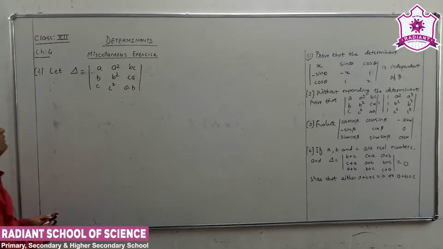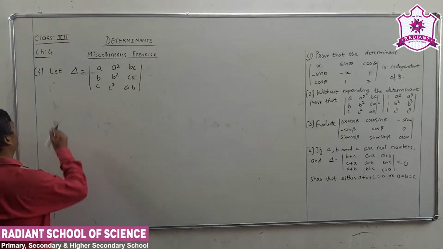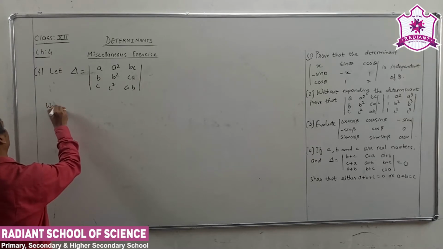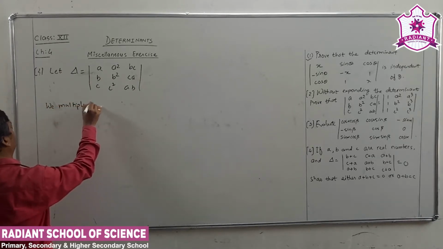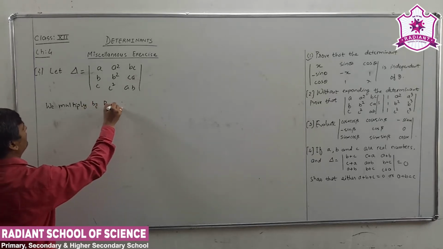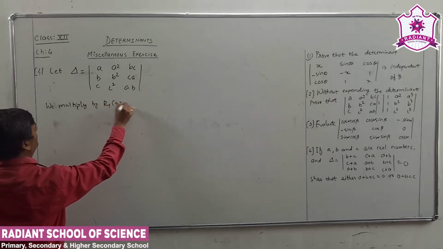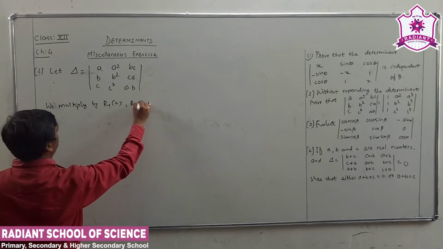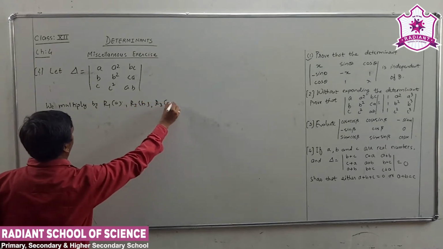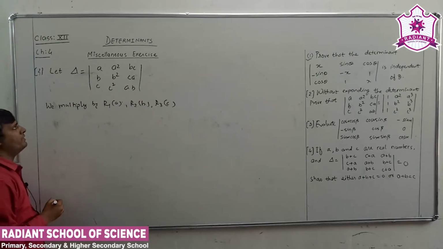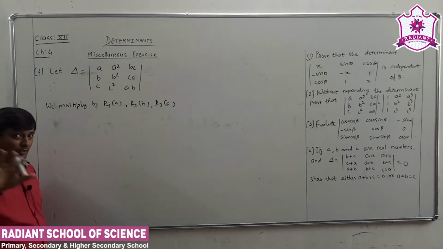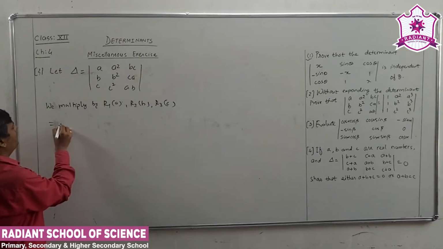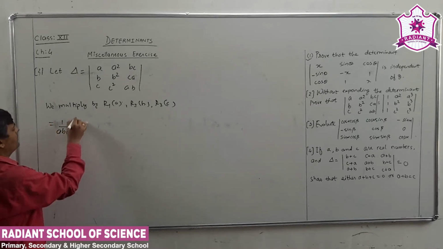So first we multiply respectively R1 by a, R2 by b and R3 by c. फर्स्ट रो को a से, सेकंड को b से एंड थर्ड रो को c से मल्टीप्लाई करो, so that we get delta times 1 upon abc.